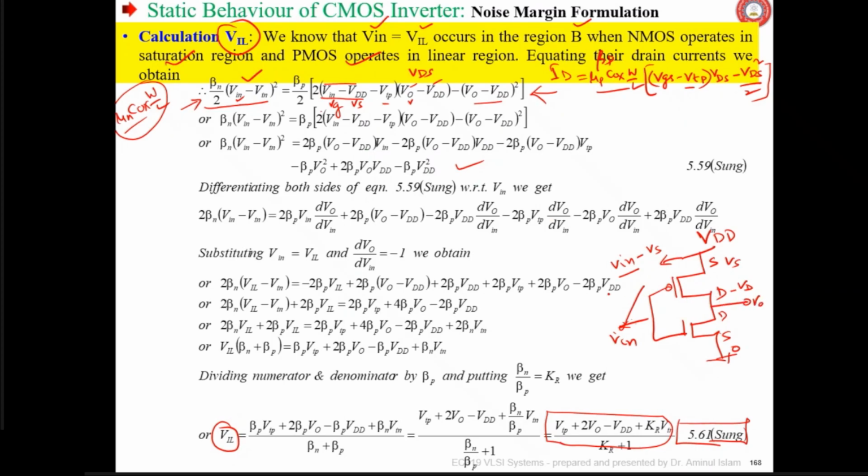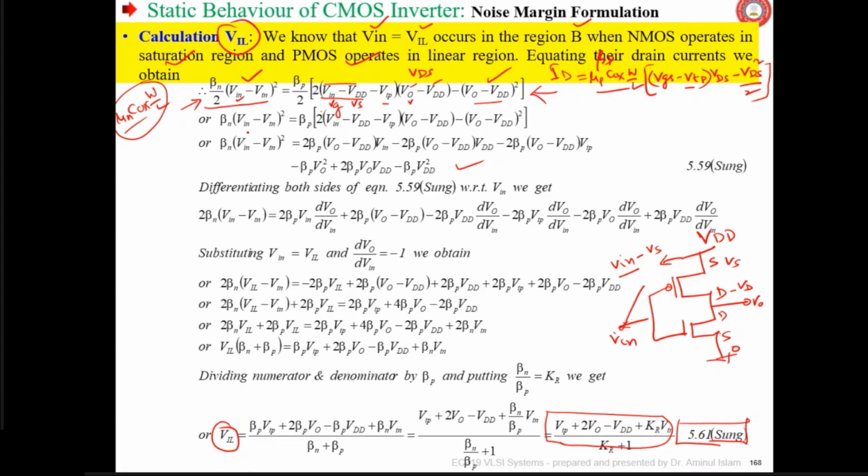VO minus VDD is nothing but VDS. And minus same thing square. And it was half here, but you have put here 2 and here beta by 2, beta P by 2. Are you getting this thing? Now it is understandable. The equations are understandable.